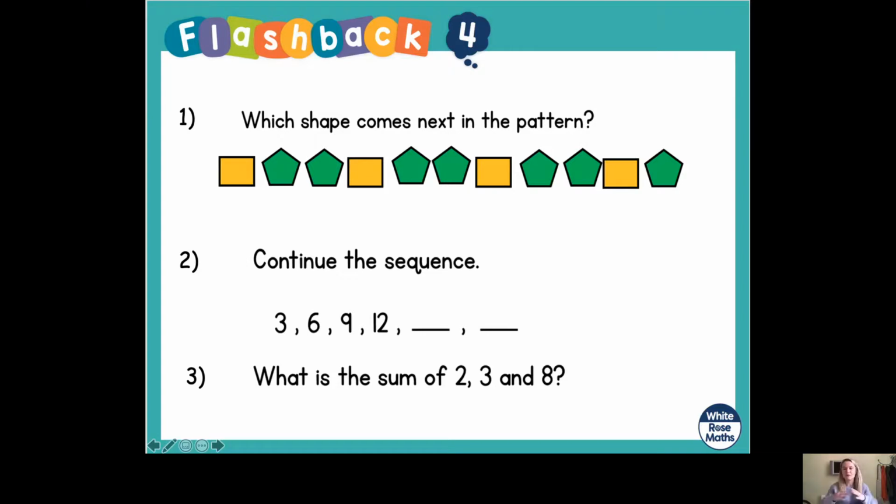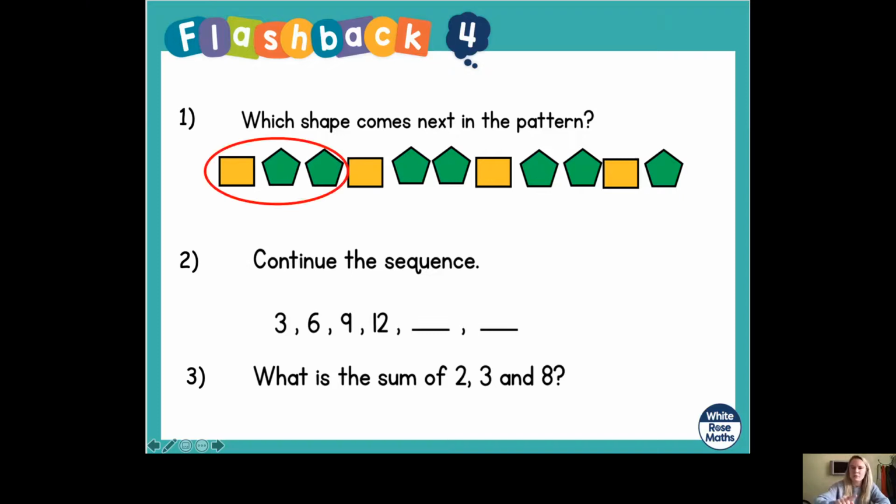Okay, Year 2, so let's have a look at these questions together. Well, number 1, which shape comes next in the pattern? Well, let's have a look what we've got here. We've got a rectangle to start with, and then we've got a pentagon because it has 5 sides. So we've got rectangle, pentagon, and then another pentagon, and then another rectangle.